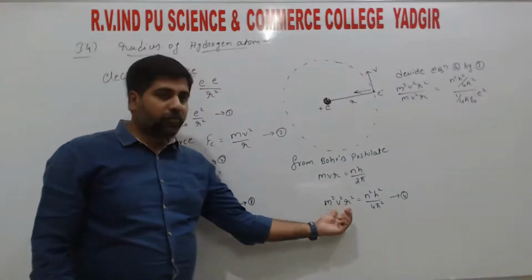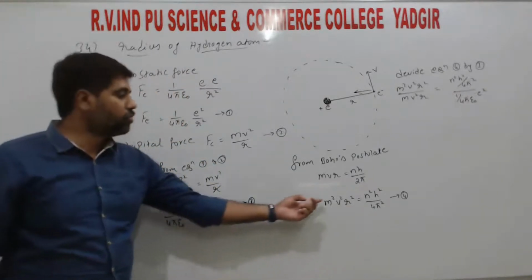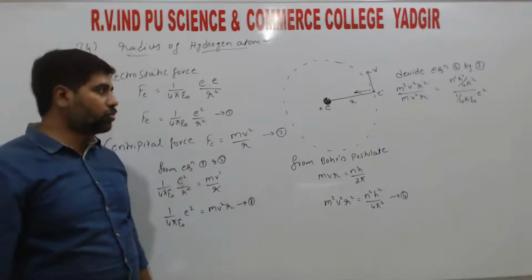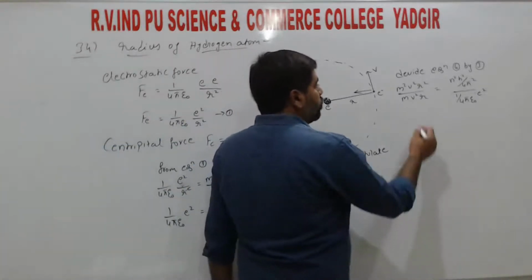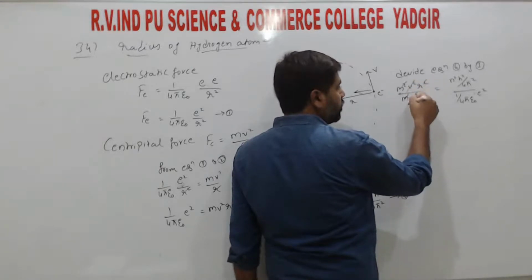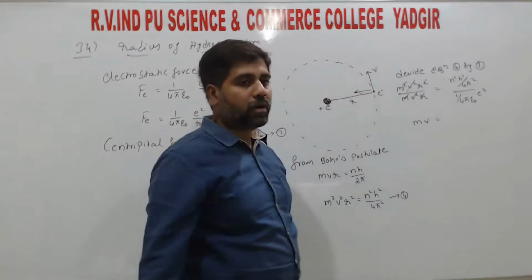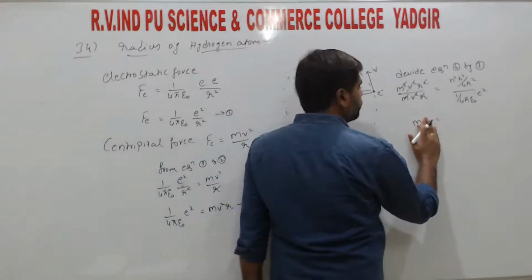So corresponding terms we can divide, right? So here m, v square and one r get cancelled. In the LHS we have m r.